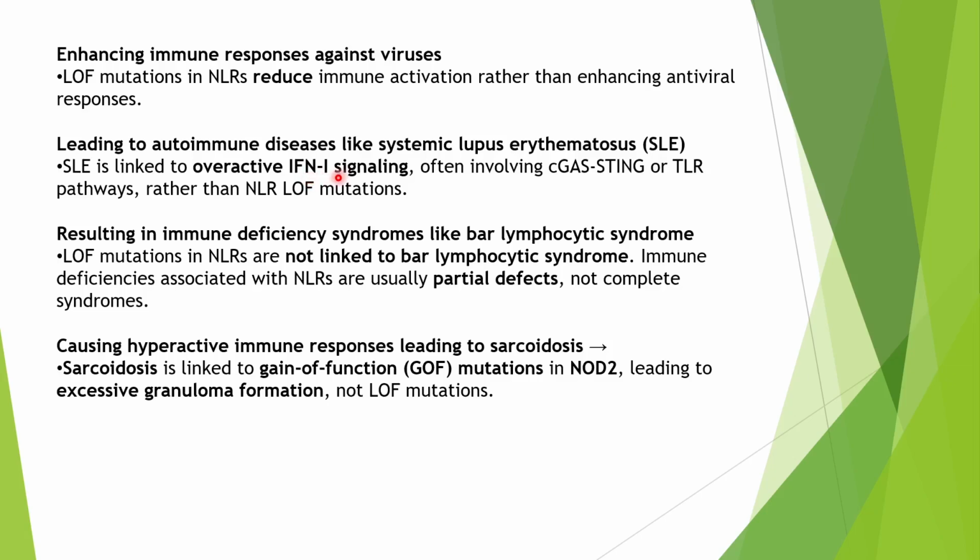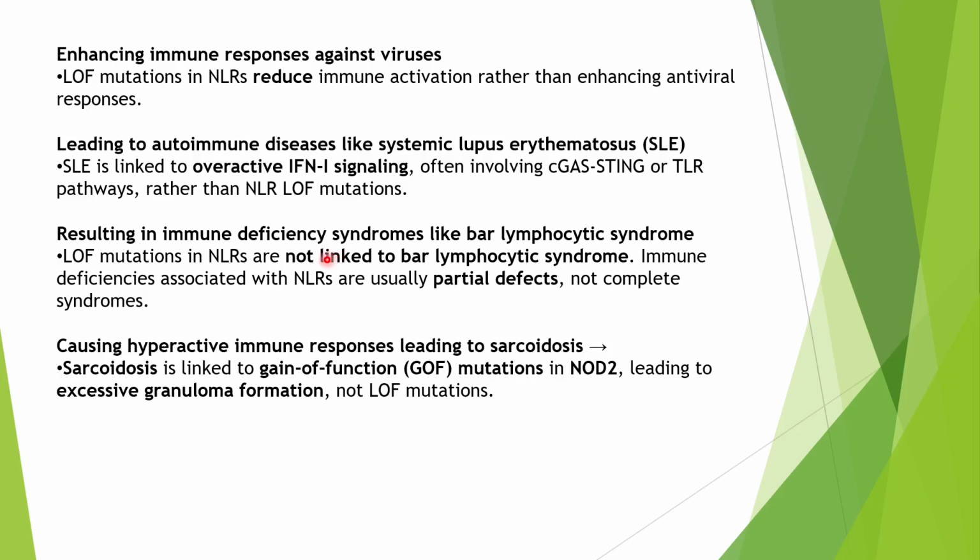SLE is mainly due to overactive interferons, which involve your cGAS-STING or TLR pathways. Then, resulting in immune deficiency syndromes like bare lymphocyte syndrome. Loss of function mutations in NLRs are not linked with this. Immune deficiencies associated with it are usually partial defects and not a complete syndrome.